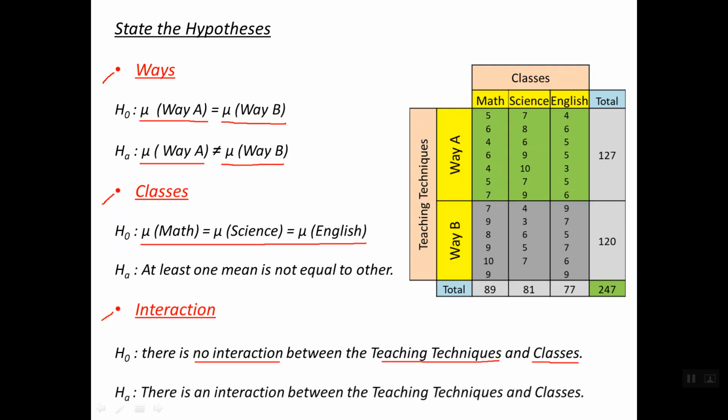While the alternative hypothesis states the opposite, which means that there is an interaction between the two factors. So these are all of the sets of hypotheses. We need to test all of these. So in this case, we have 3 values for F, 3 calculated values and 3 critical values we need to compare between them.